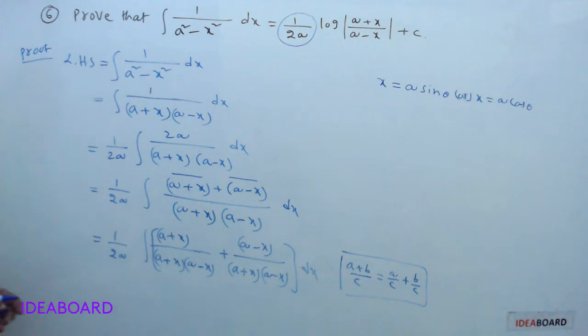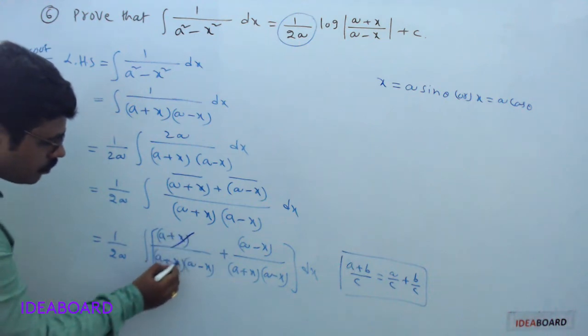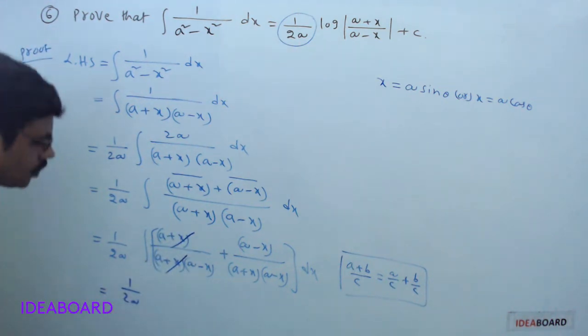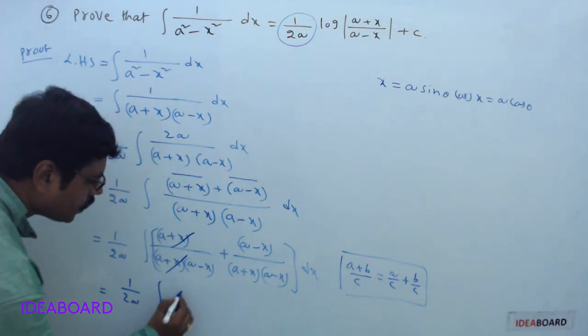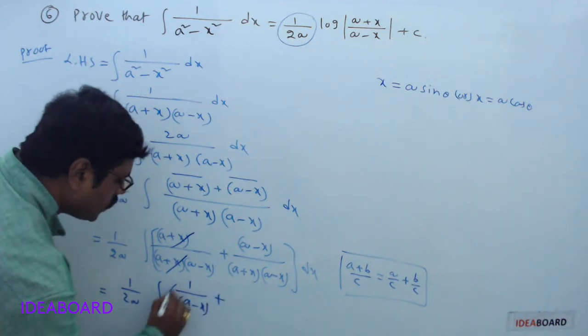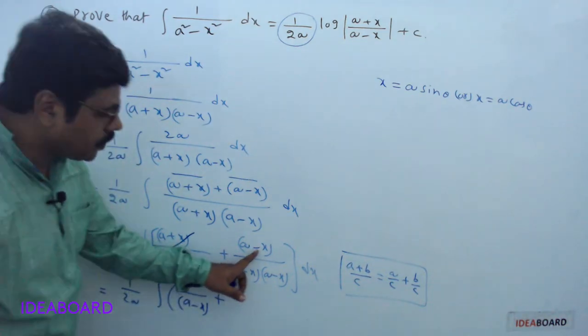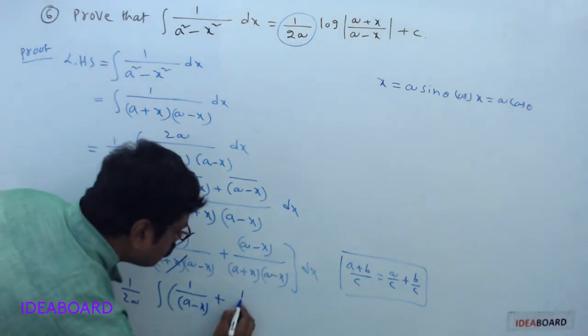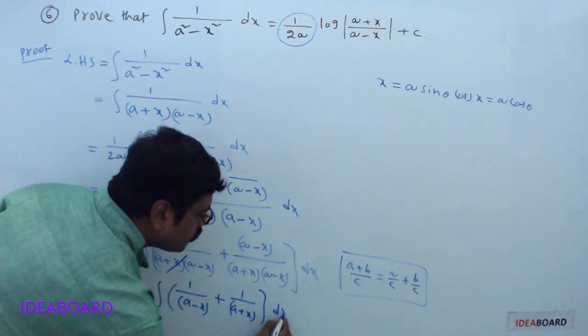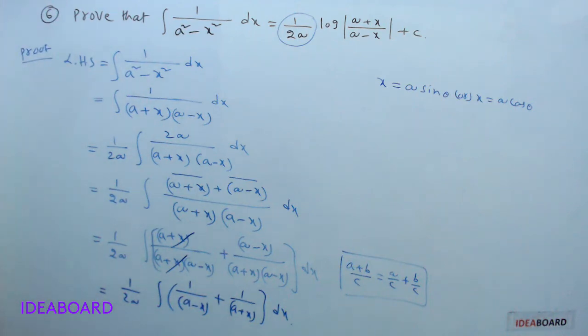Now is any cancellation there in the numerator? Here the a plus x factor will be cancelled. Now this equals 1 by 2a into the integral of 1 divided by a minus x plus, here the a minus x factor will be cancelled, 1 divided by a plus x dx.